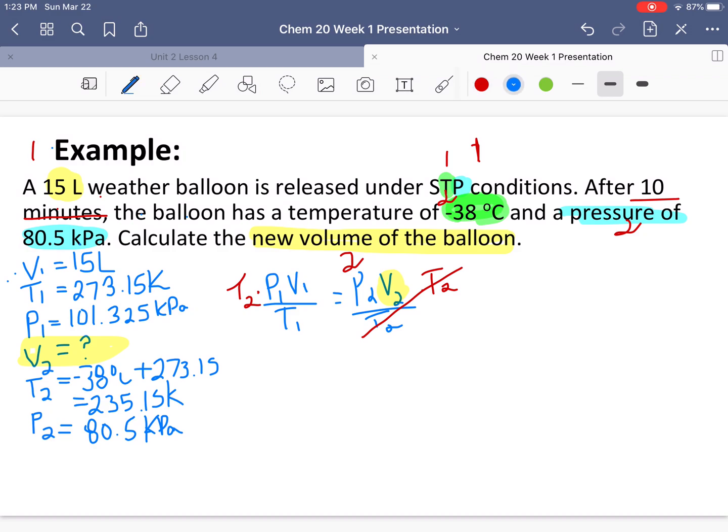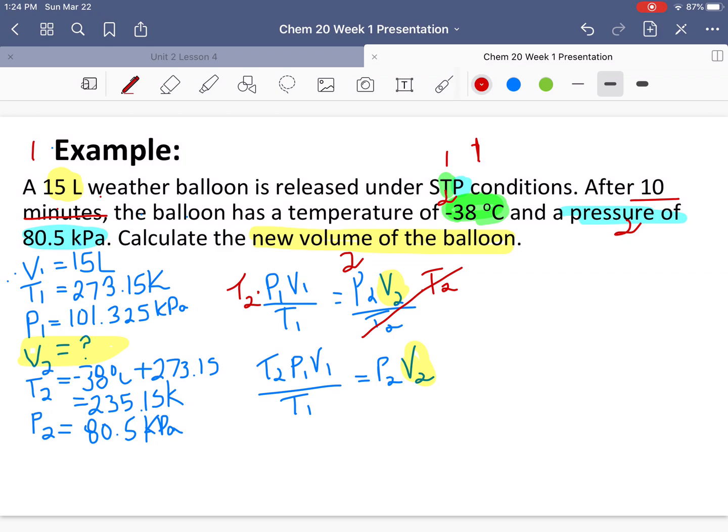Okay, let's just go through this really step by step so you can see what I'm doing. Now we have T2, P1, V1 all over our T1. And on the right side of the equation, that second pressure is still beside the volume, which is our absolute goal to isolate. We need this by itself still. So what's in the way?